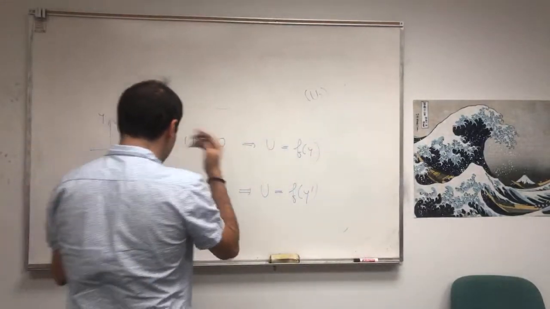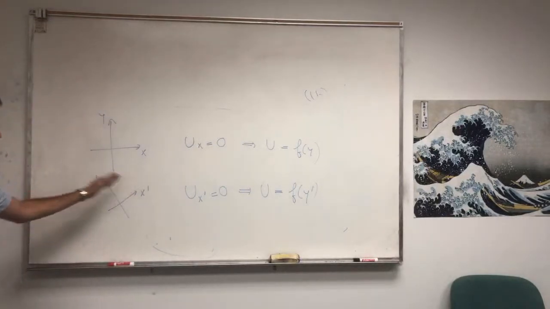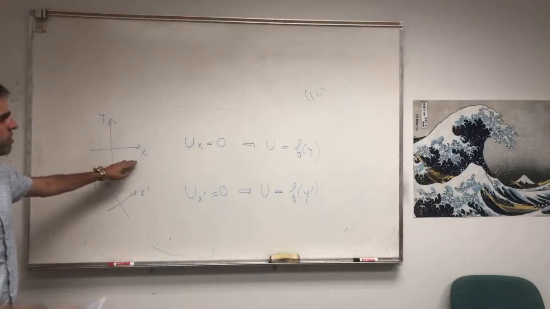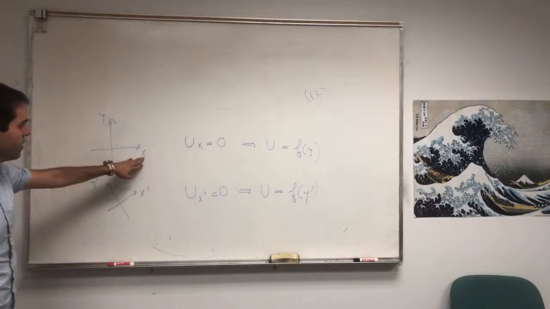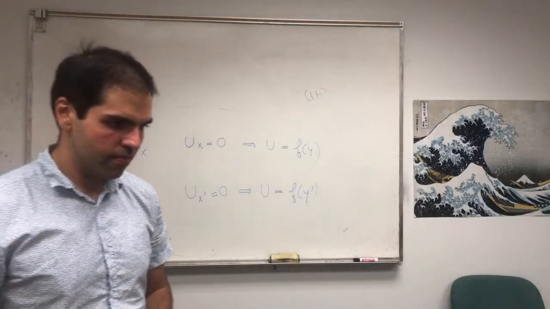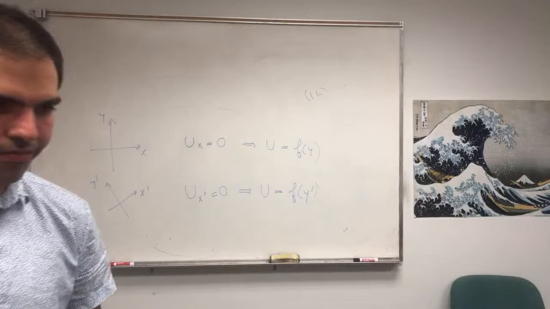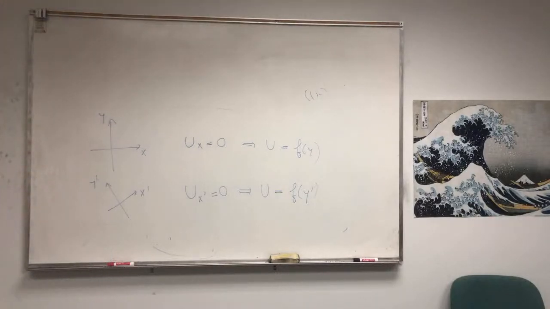And that's why it's y prime, because it's just the other variable. You see, it's not x prime, it's the other one. Just like in the other one, it's not x, but it's y. Does that make sense? Excellent.